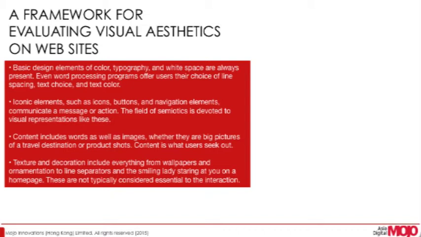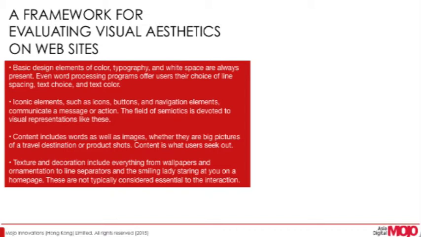Content includes words as well as images. Whether they are big pictures of a travel destination or product shows, content is what users seek out. Texture and decoration, including everything from wallpaper and ornamentation to line separators and the smiling lady staring at you on a homepage.